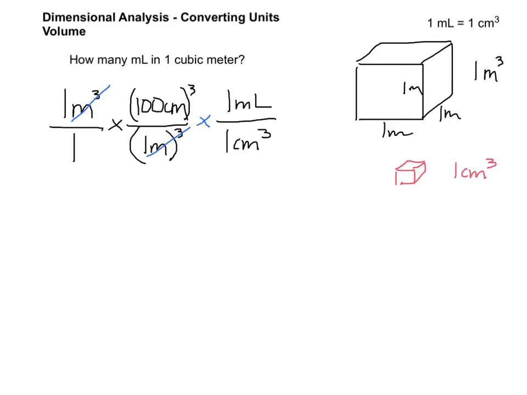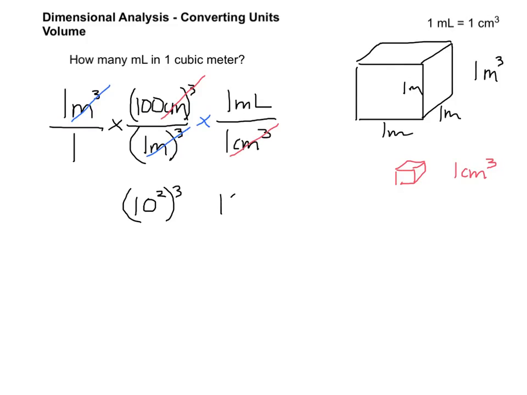So now we can show that centimeters cubed as a unit cancels, and now we're just left with doing the math. In the numerator, we have 1 times 100 to the third power. Well, that's basically 10 squared, that's 100, to the third power.